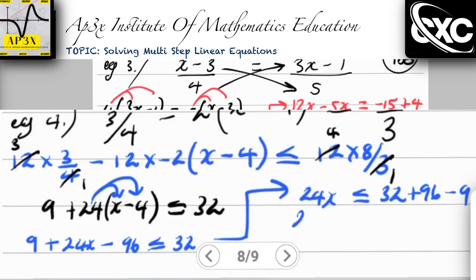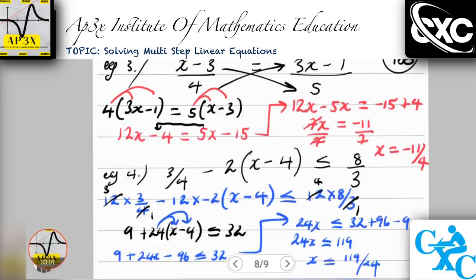So that's 24x is less than or equal to 119. So if we split the product between the 24 and the x, we end up with x being less than or equal to 119 divided by 24. Fantastic. And that is our final solution.